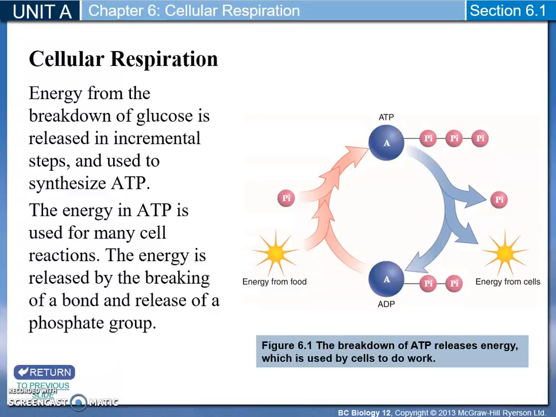So it's a cyclical process here where ATP breaks down into ADP plus a phosphate group, and then energy is released from that. And then energy that we derive from our food intake will repeat the process of ADP obtaining another phosphate group and once again becoming ATP.